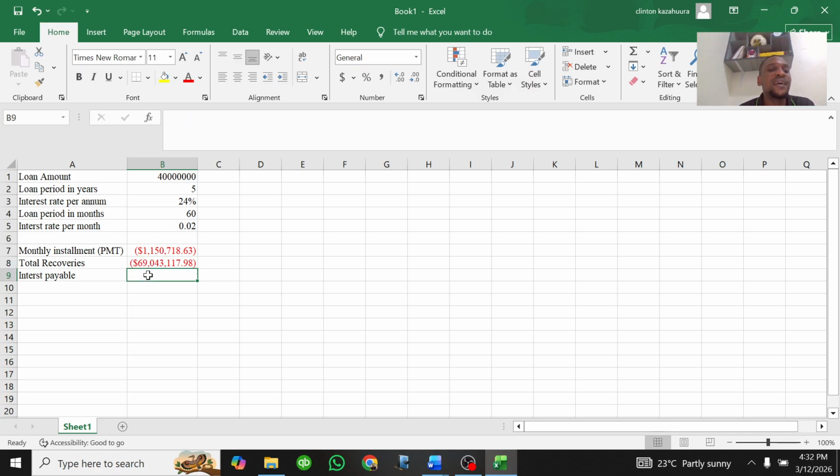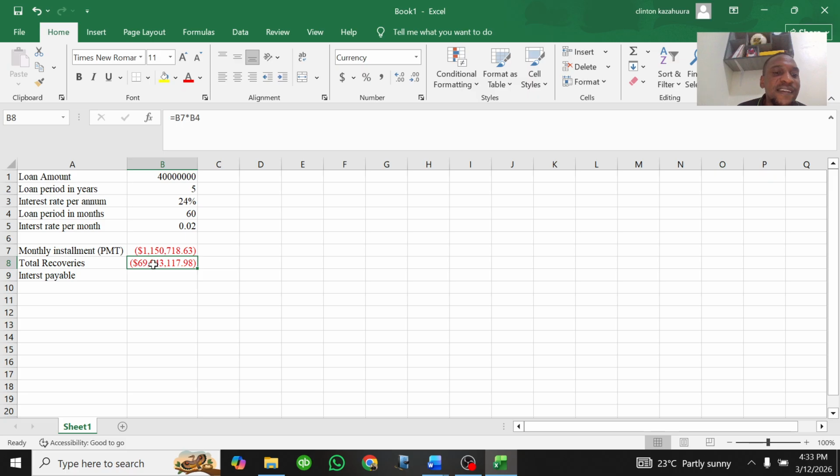Whatever remainder I get, which I think is around 29 million, is supposed to serve as the interest payable. I'm going to repeat this. The total recovery is 69 million, but this 69 million has both interest and loan amount. So I will take off 40 million from the 69, and the excess, which is the remainder, is going to serve as the interest payable.